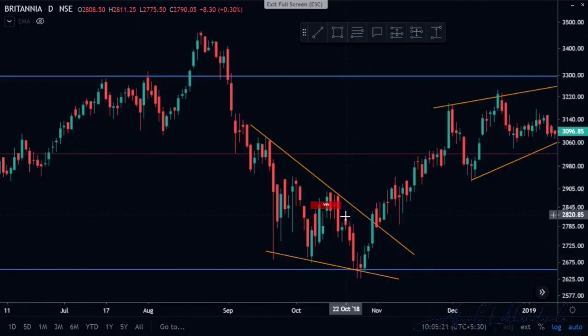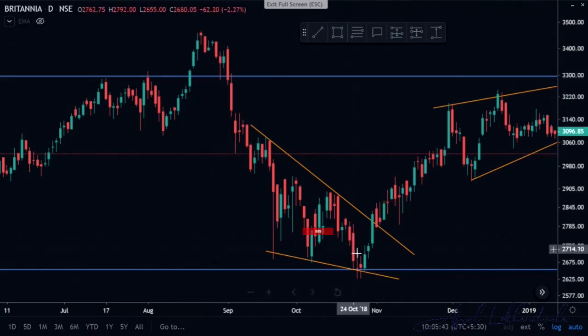So we are on the daily chart of Britannia. Here if we connect all the lows, we get a downward sloping line. If we connect all the highs, we get a downward sloping steeper line. So this is a falling wedge pattern. Now let us see how the price was behaving. Price had entered this pattern from a downtrend. There was a downtrend before the pattern.